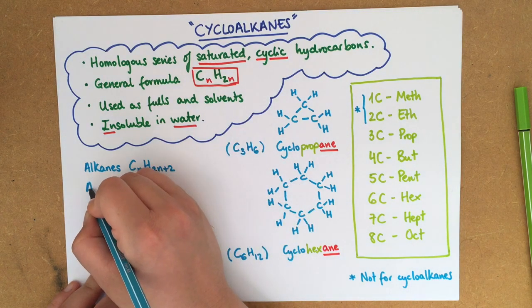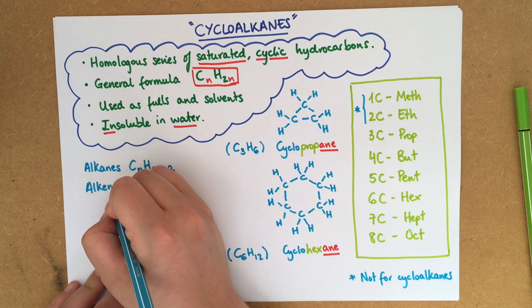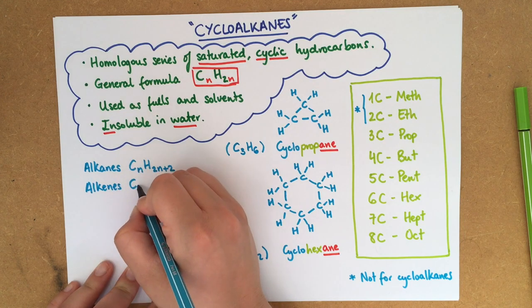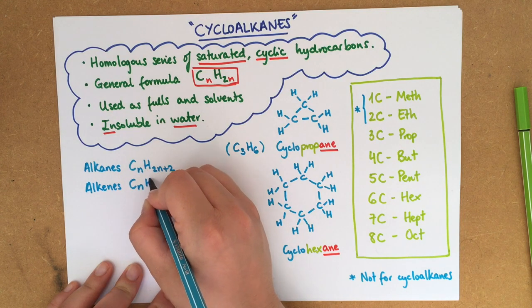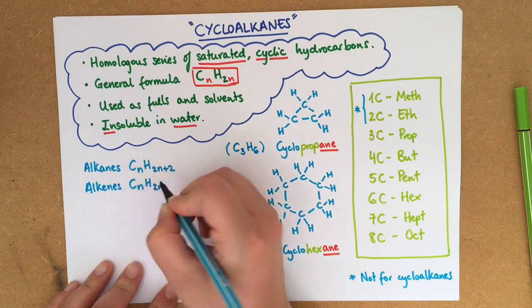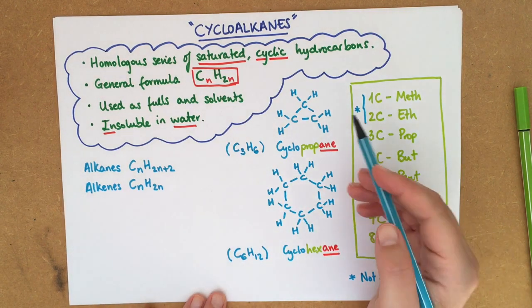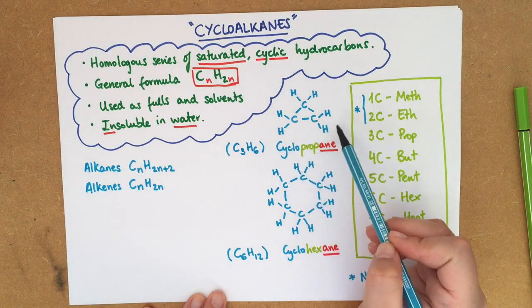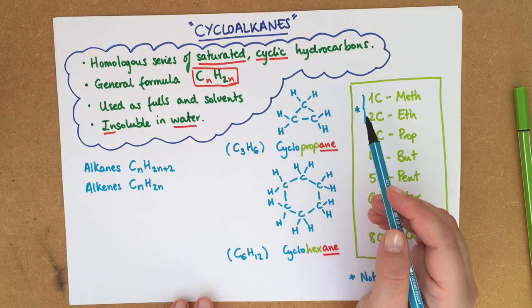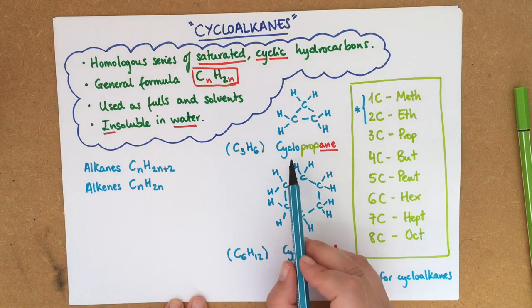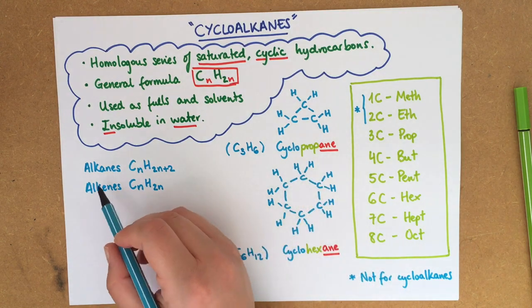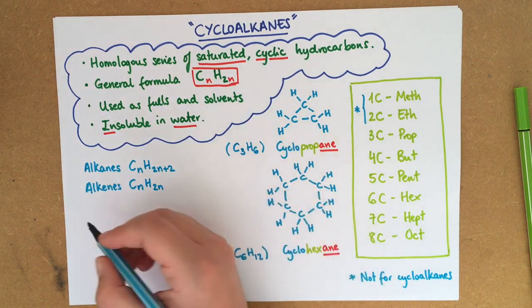And for alkenes, it was the same as for cycloalkanes, CnH2n. And let's try to see why. Let's take propane or cyclopropane and all of the analogues. So the analog of cyclopropane in the alkane would be propane.